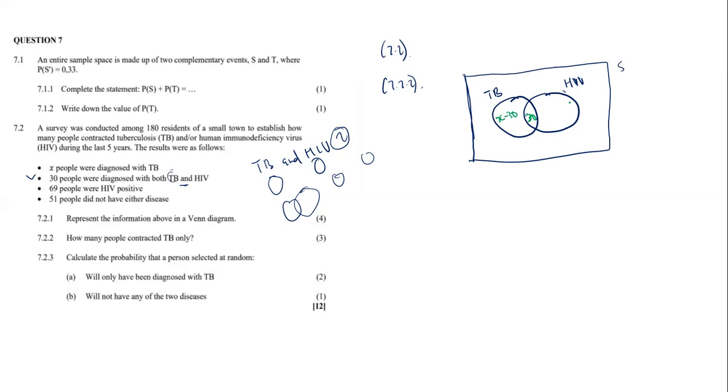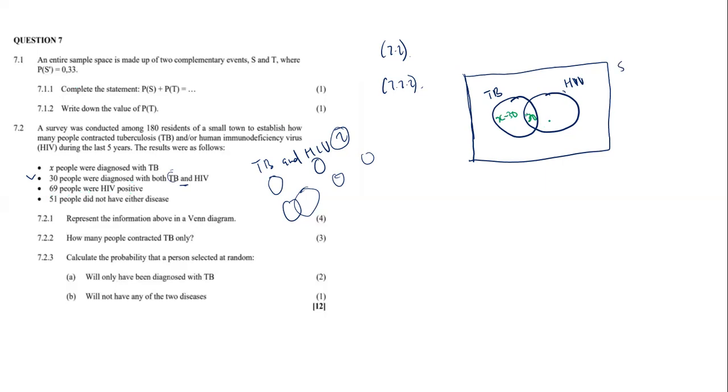Now, HIV only. Let's read the information. They said 69 people were HIV positive. Again, we do not care whether you have HIV and TB, HIV and flu, or HIV and malaria.